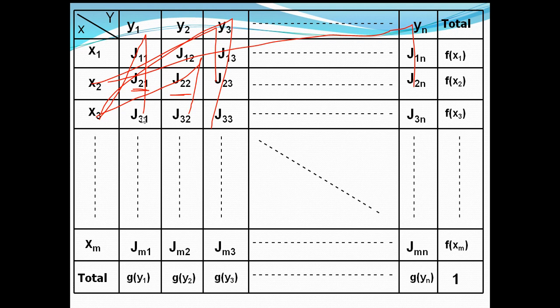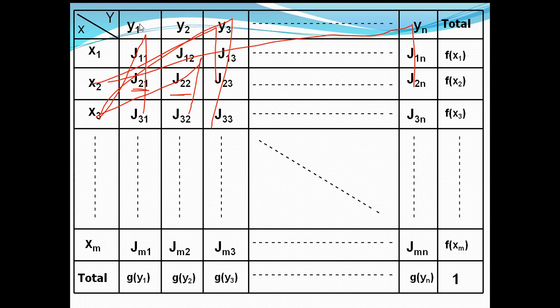Adding the third row, j31 plus j32 plus j33 and so on, j3n is equal to f of x3. This is how we calculate f of x1, f of x2, f of x3, and so on. To get f of xm, we add the mth row, jm1 plus jm2 plus jm3 and so on, jmn. So we obtain f of x1, f of x2, and so on, f of xm. Now come to the g values, g of yj. We'll start with g of y1.